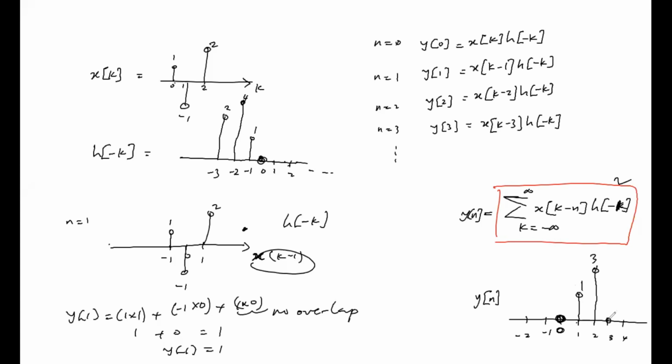Then at 3, we are going to have 0. Then at 4, we're going to have 6. Then at 5, we are going to have 4. So at 6, no overlap all the way. So with this, we are able to conduct discrete convolution, okay?